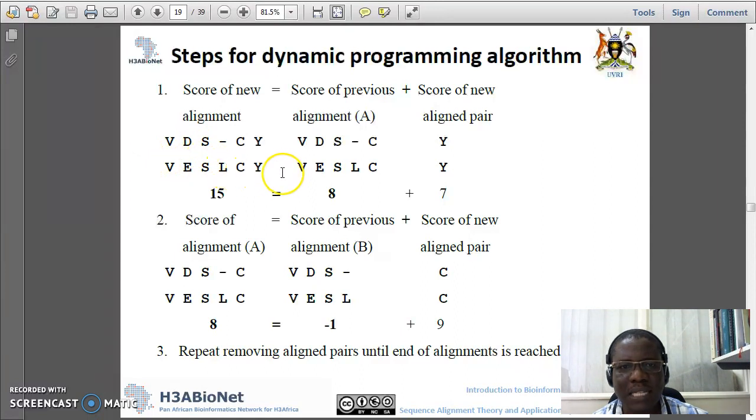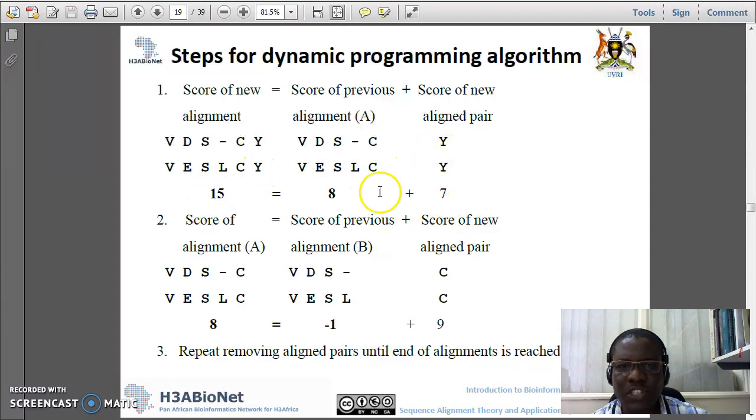So that really means that this optimal alignment at the top left must have come from another previous alignment, which was A, which itself was also optimal at that stage before the final amino acid pair YY was added to result in the ultimate optimal entire global alignment that we said is the highest scoring. It gave us the score of 15.